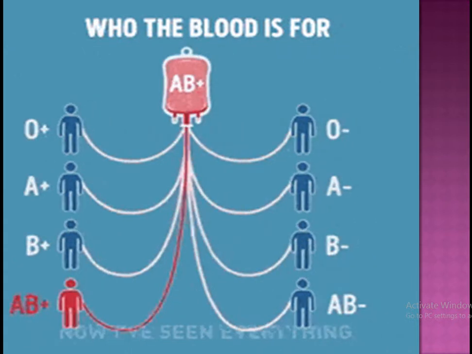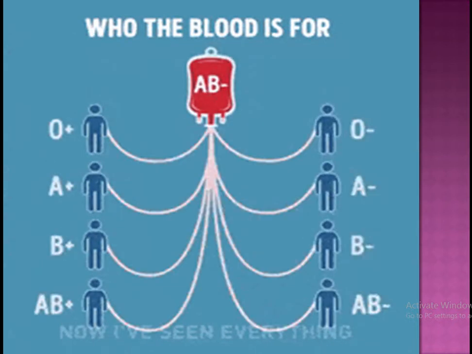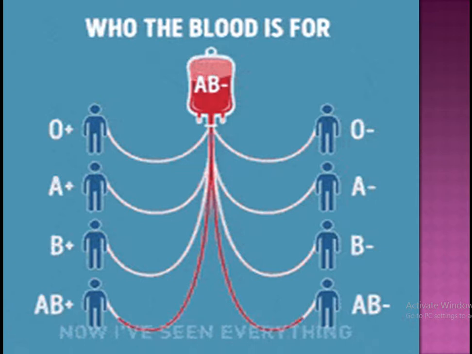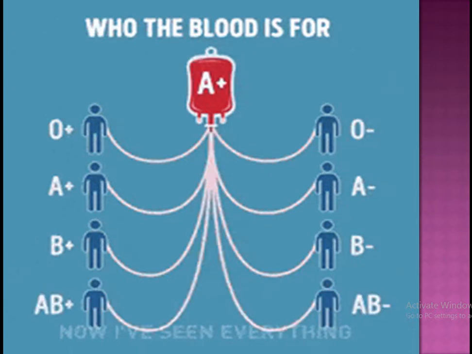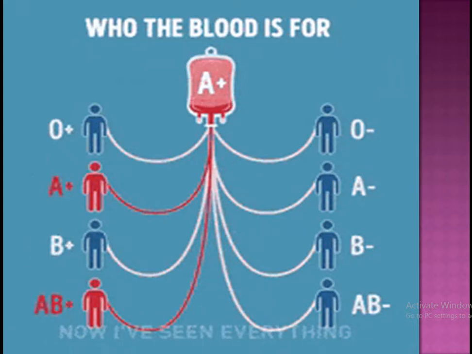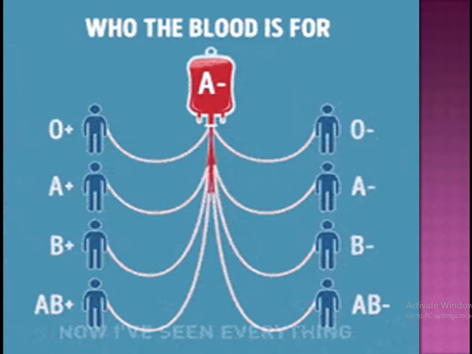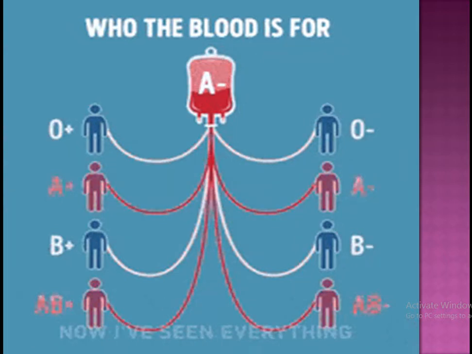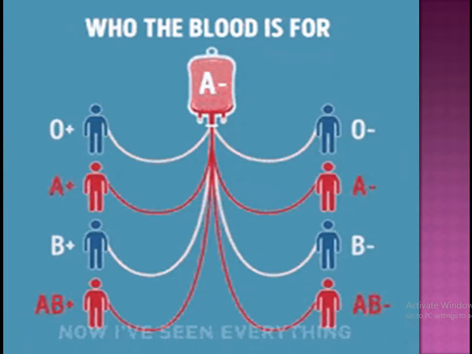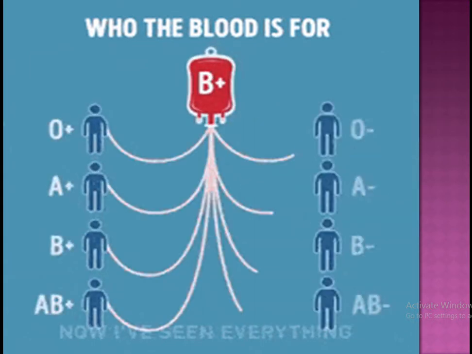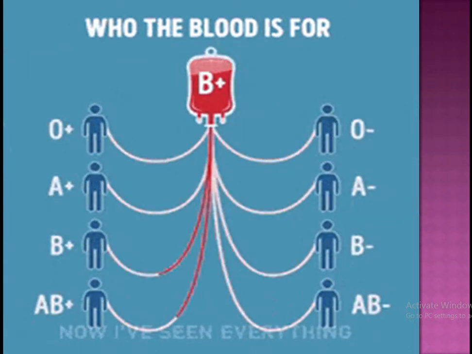For AB positive and for AB negative, you can give relevant blood groups. So through this animation, we come to know about the exact blood transfusion, what will be the blood group of the donor and what should be the recipient for the safe transfusion.